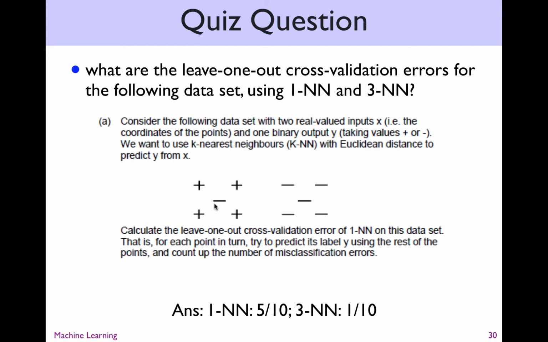The only wrong case is in the middle, because the closest examples are 3 out of these 4, and there's a tiebreak. It doesn't matter. You can say, well, this one, that one, and by majority vote, this point is labeled positive, which is wrong. That's the only case that is wrong. So that's why it's 0.1.